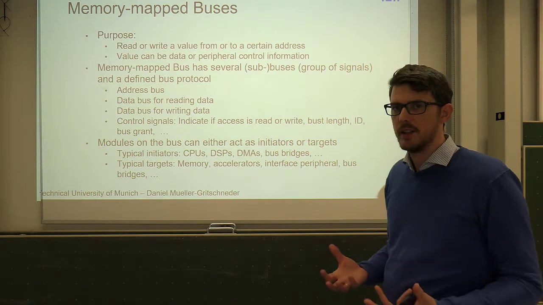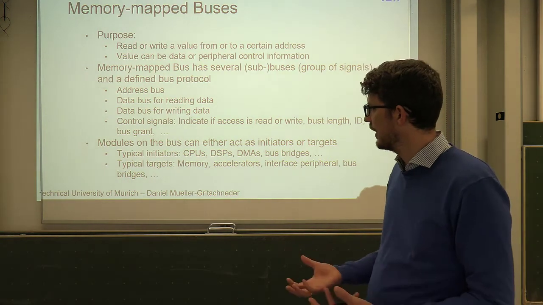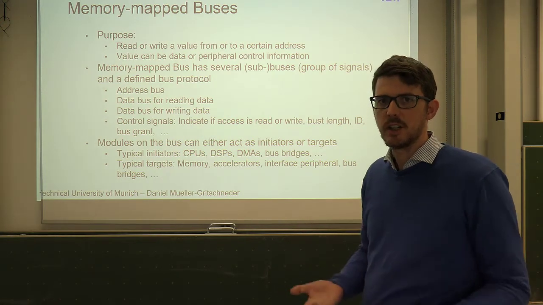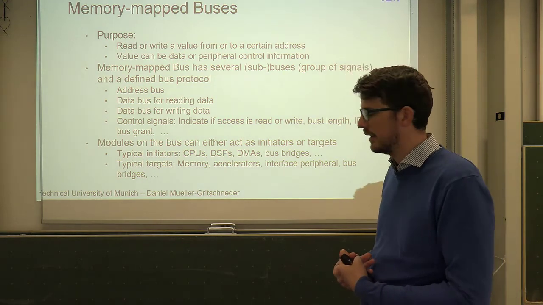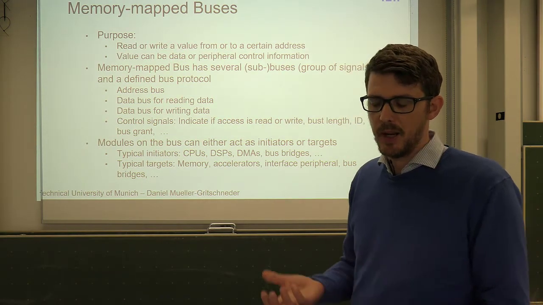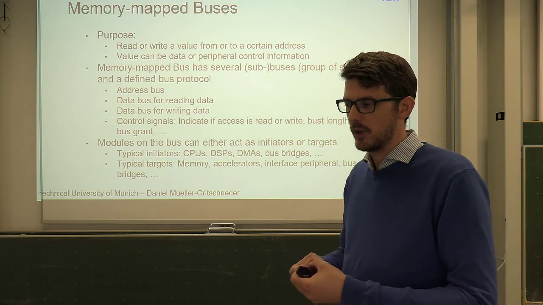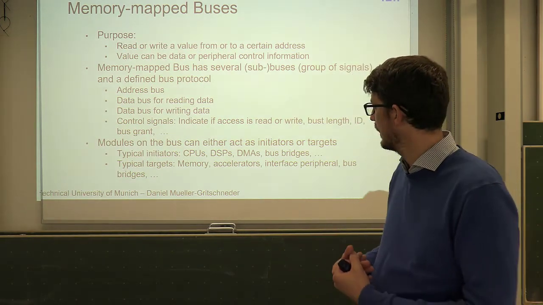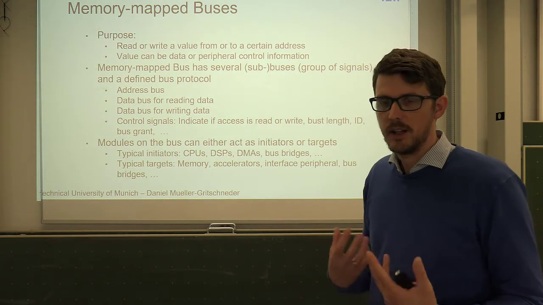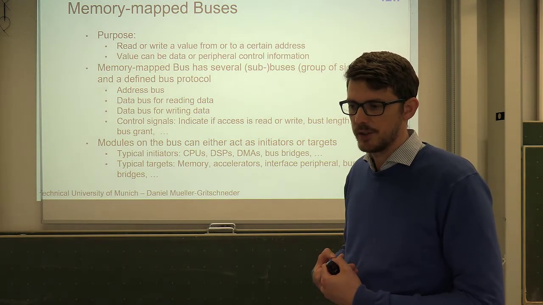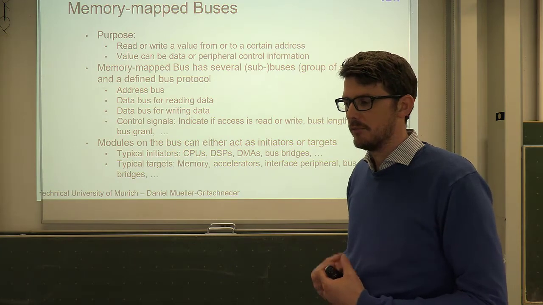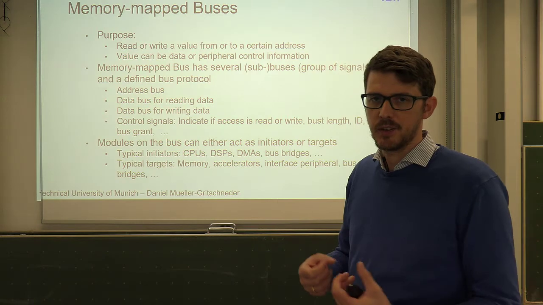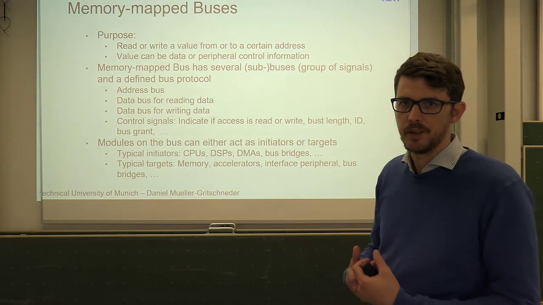Okay, and what are typical initiators? Typical initiators are processors like CPUs, general purpose processors, digital signal processors (DSPs), then often DMAs. DMAs just transfer data, so they request to read data from somewhere and write it somewhere else, so they are initiators when doing that. Another initiator might be a bus bridge, where some other bus system bridges to your bus system, and from this other bus system comes a request and gets forwarded to your bus.